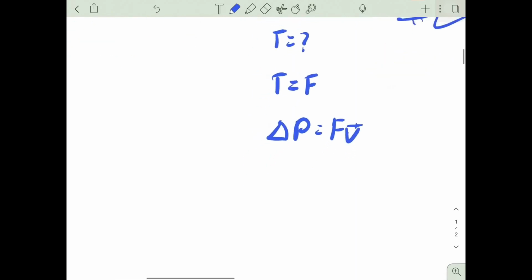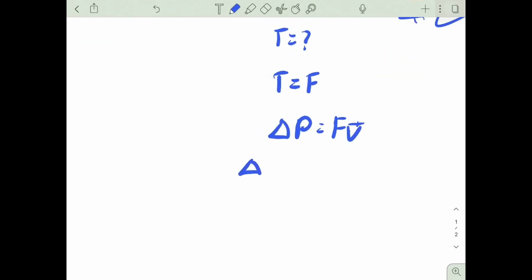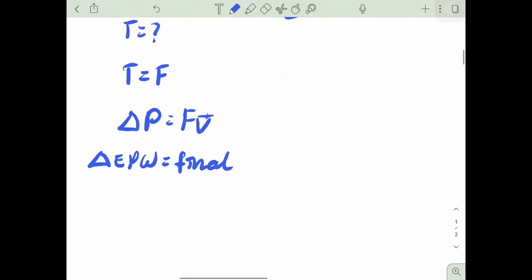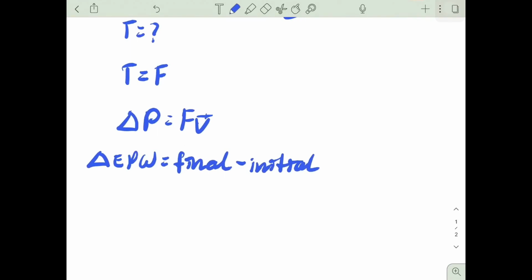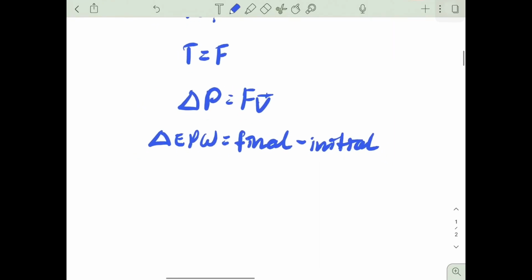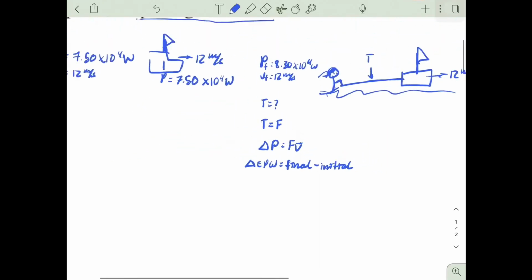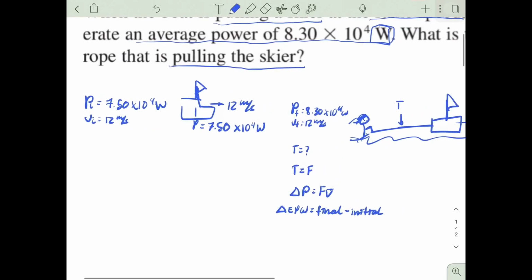Now, look how convenient, change. As we know, the change in energy, power, work, is basically just your final power, work, energy, distance, whatever it is, minus your initial value, whatever it is that you're trying to find.